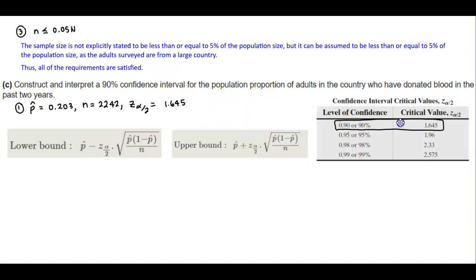Now let's find the lower bound and the upper bound. The point estimate 0.203 minus the critical value 1.645 times the square root of the point estimate times 1 minus the point estimate, all over n, which is 2,242.